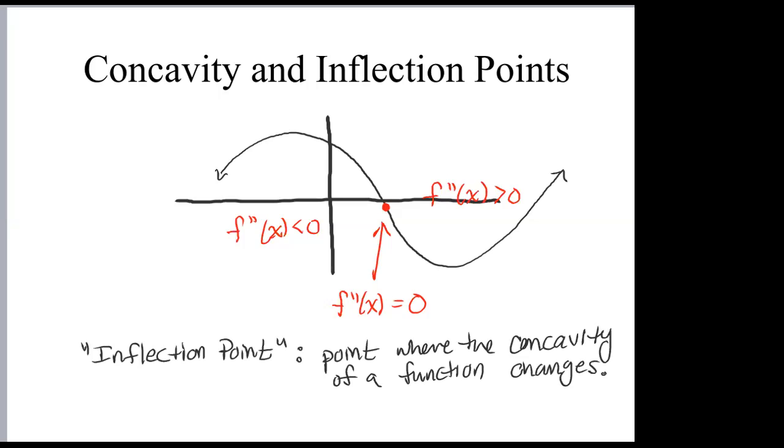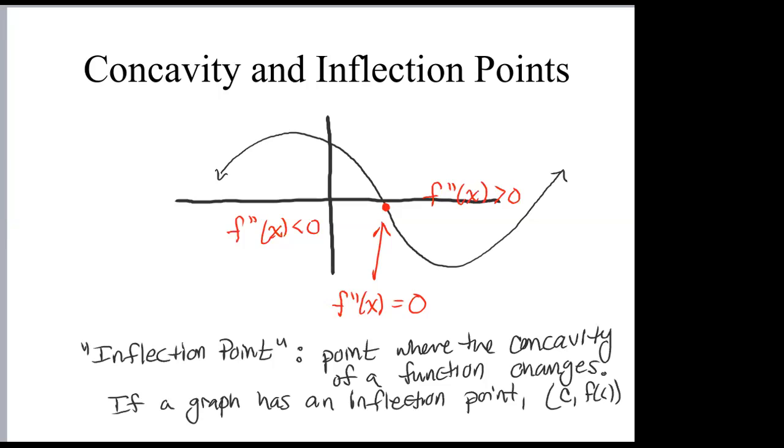And it will always be the case, if a particular graph has an inflection point, maybe I'll call it c, f of c, then I know something about the second derivative at that inflection point. f prime prime of c is equal to 0, or f prime prime of c does not exist.